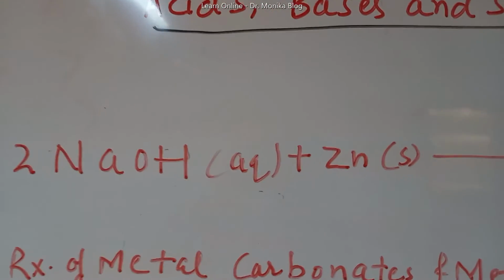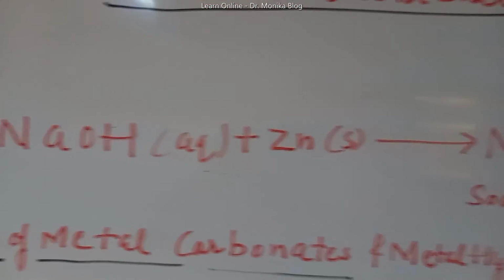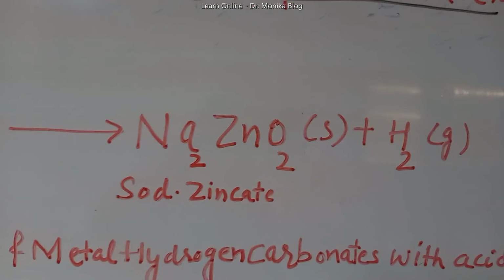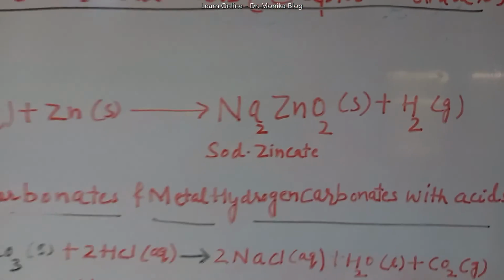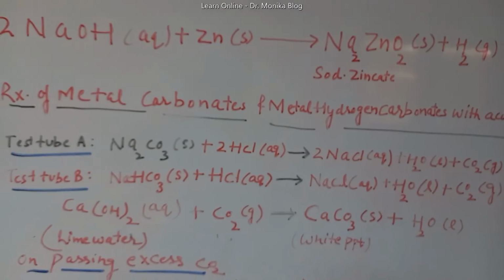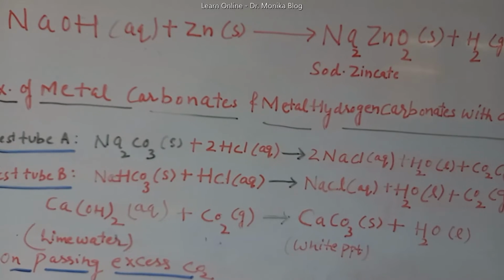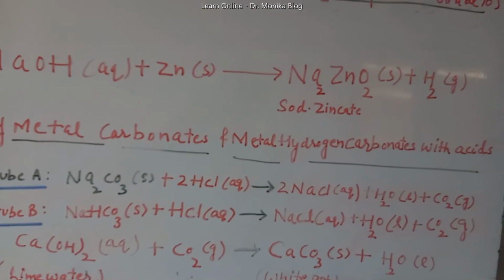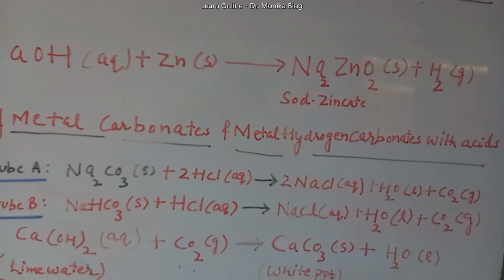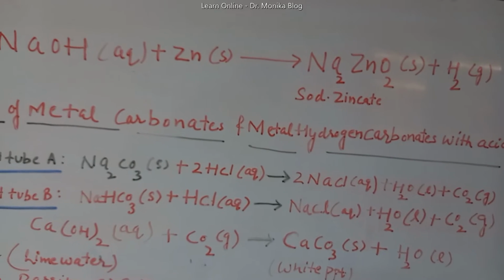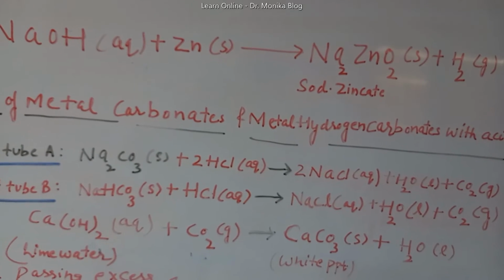So this is the equation: 2NaOH plus zinc forms sodium zincate and hydrogen gas. Now we will study how metal carbonates and metal hydrogen carbonates react with acids.